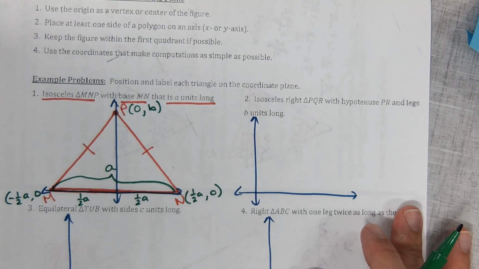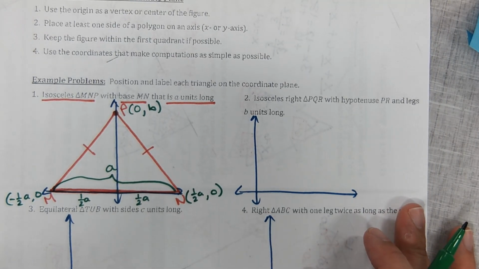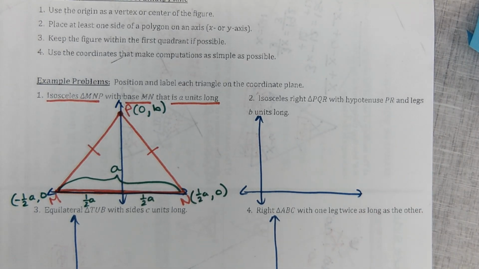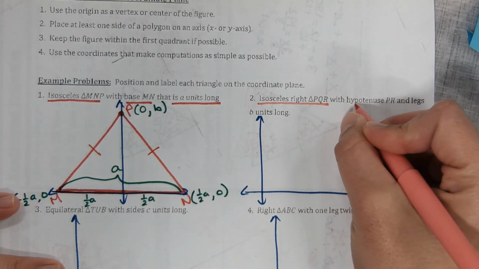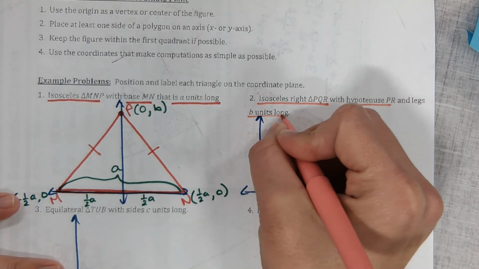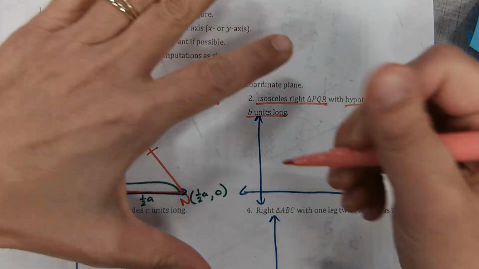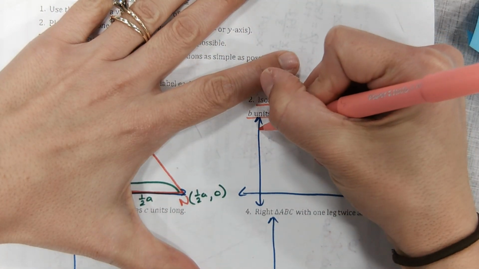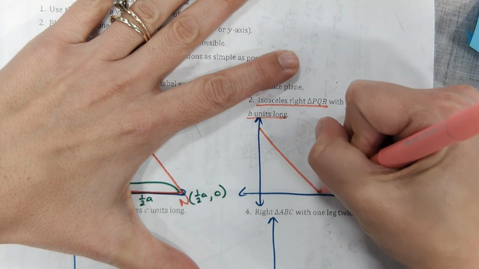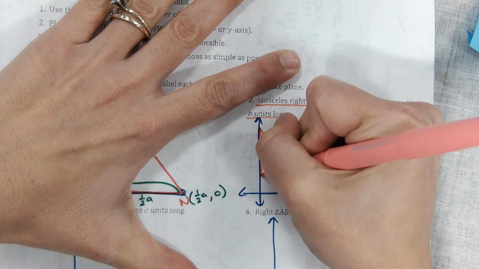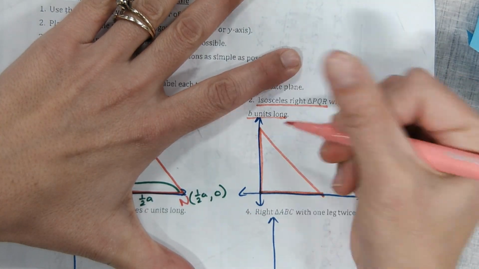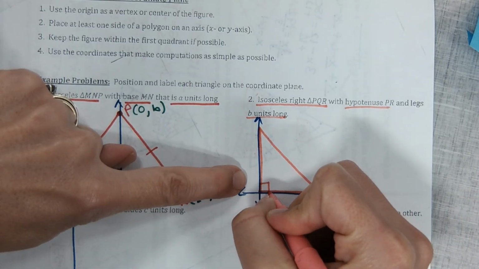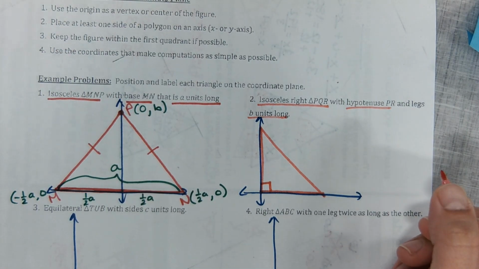Okay, then for number 2, now we're going to do this again, just following the instructions it gives us. Isosceles right triangle PQR with hypotenuse PR and legs B units long. So isosceles right triangle, I'm going to draw a line like this. I'm using the axis to make the 90-degree angle because it's a right triangle.